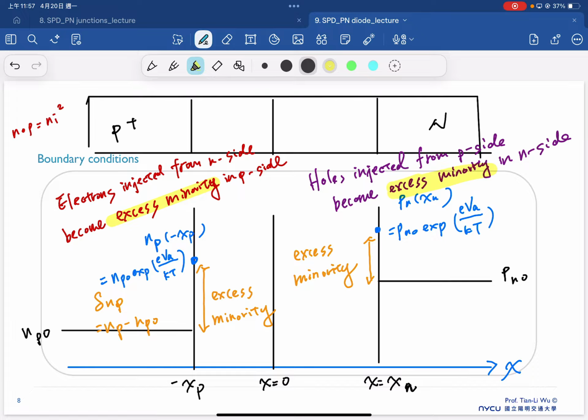And this excess minority delta Pn is equal to Pn minus Pn0.